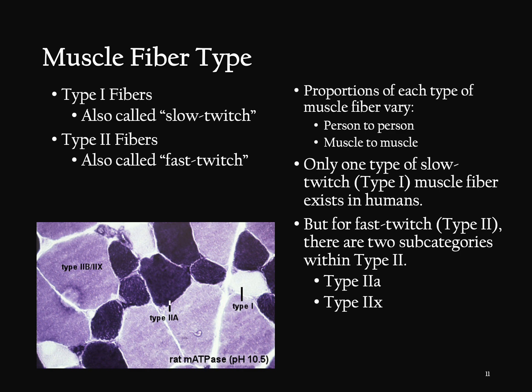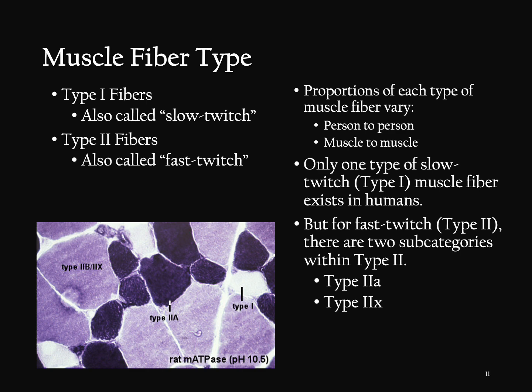Proportions of each type of muscle fiber are going to vary from person to person. Also, muscle to muscle. Certain muscles, such as the gastrocnemius, will have a higher content of type 1 fibers. Our trunk musculature will have a higher content of type 1 fibers. However, for instance, for some individuals, our quadriceps may have a greater amount of type 2 fibers.